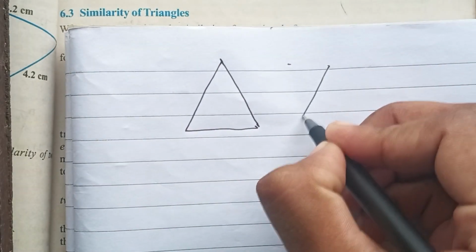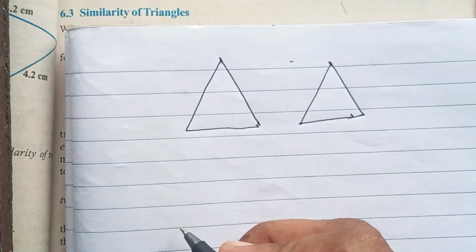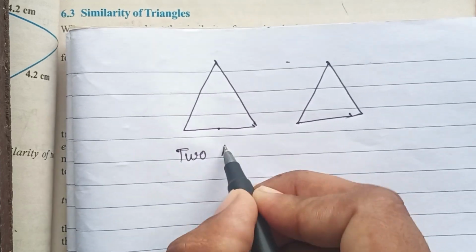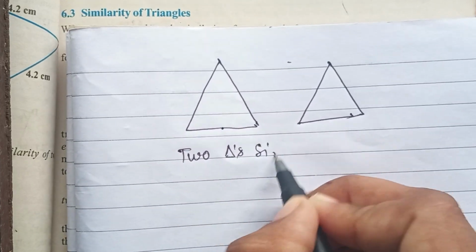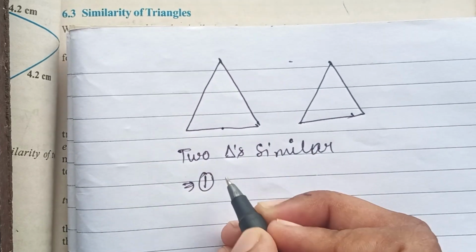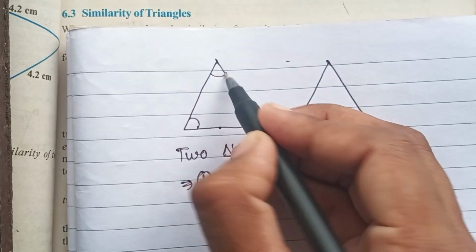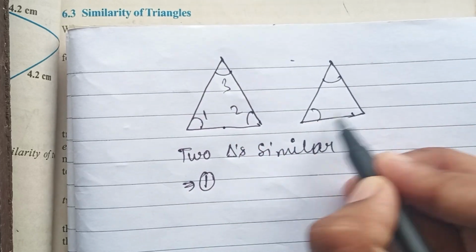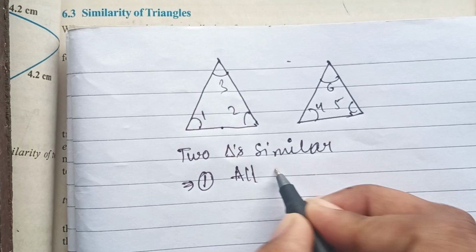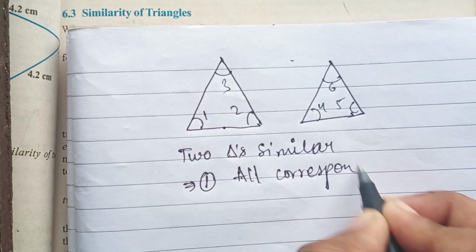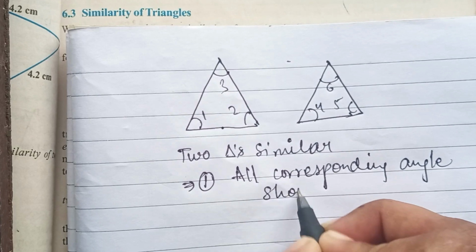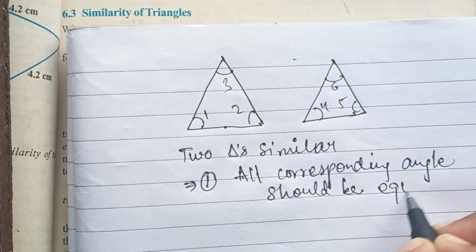For instance, let us assume these are the two triangles. If you want the two triangles to be similar, the first condition required is that all the corresponding angles should be equal.